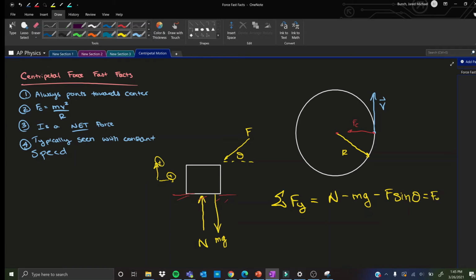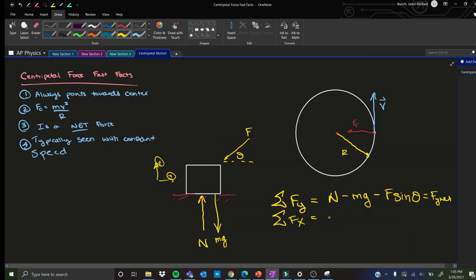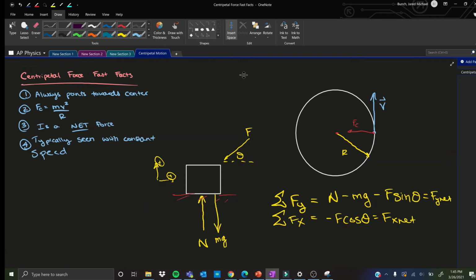This equals F y net. You would do the same thing for the sum of forces in the x direction, and that would equal negative F cosine theta, equals F x net. So this is the sum of your forces in these directions. Okay.